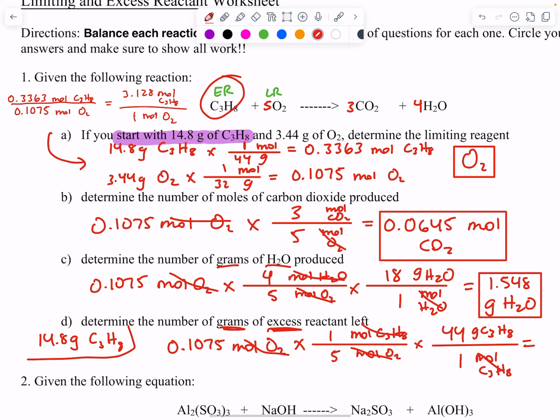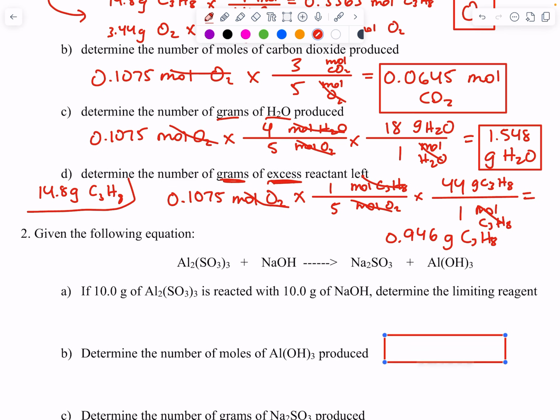Okay, so now I have 0.1075 times 44 divided by 5. That gives me 0.946 grams of C3H8. This is how much I used in the reaction. Let me move this.